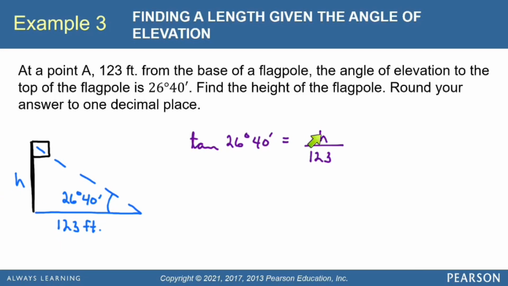And so now we need to isolate the H. So let's multiply both sides by 123, and that will divide out from the right side. And now on your calculator, 123 times the tangent of 26 degrees and 40 minutes equals, you should get H is approximately 61.8 feet. And if we come back over here, 61.8 feet is a believable height for the height of a flagpole. And so I feel pretty comfortable with that answer.